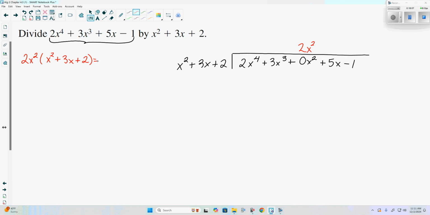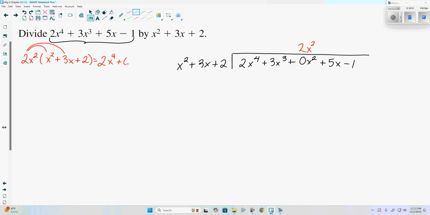And then we can do this multiplication off to the side and then put it underneath. Our first multiplication is going to be 2x squared times x squared. Well, our 2 times 1 is 2. X squared times x squared is x to the fourth, which is indeed our first term. We wanted 2x to the fourth. 2x squared times 3x.